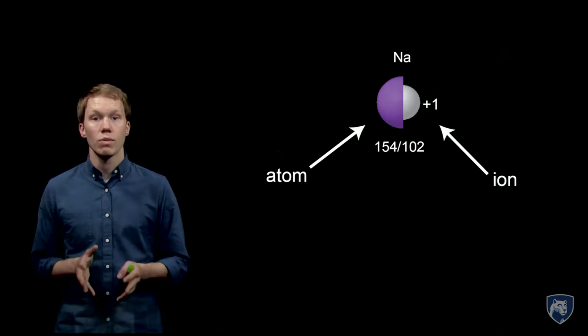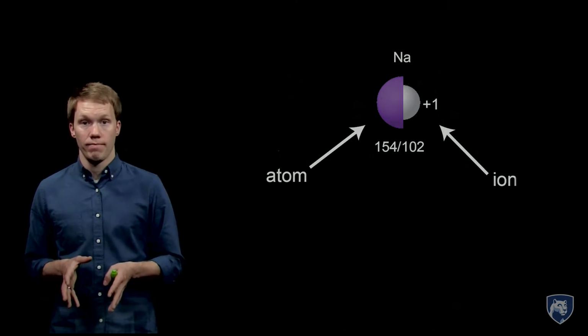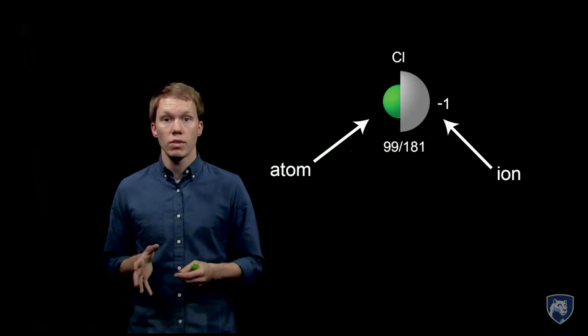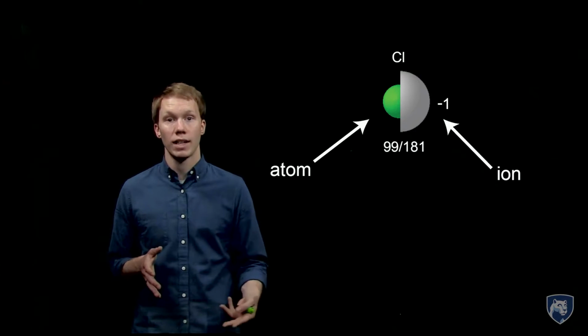And so cations will always be smaller than their parent atom. On the other hand, anions, negatively charged species, will always be larger than their parent ion because we're adding electrons to the shell.